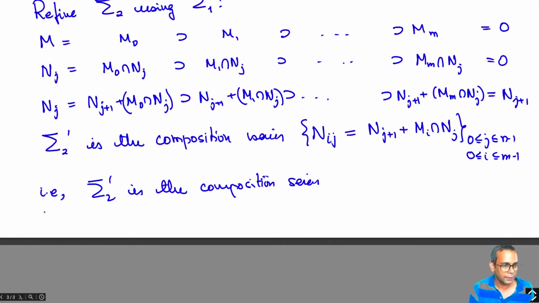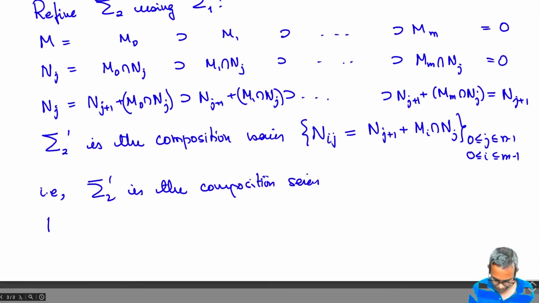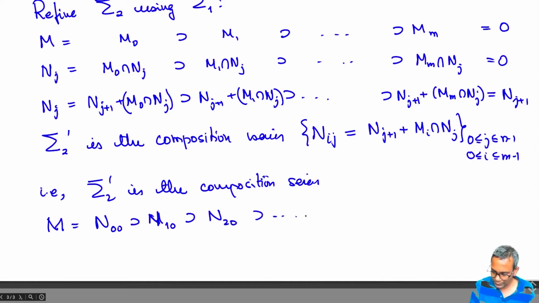So we start with M, which is equal to N00, which contains N10, which contains N20. So the order of the indexing here is reversed. And this is equal to N1.